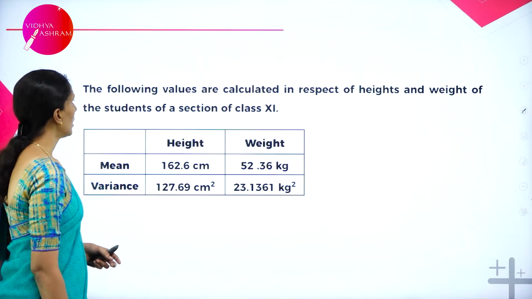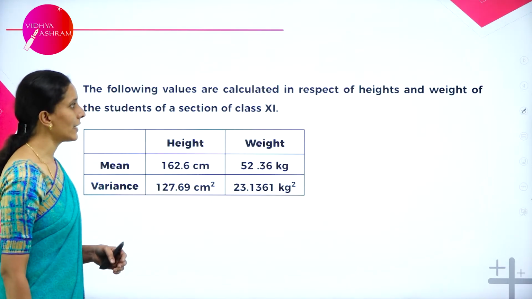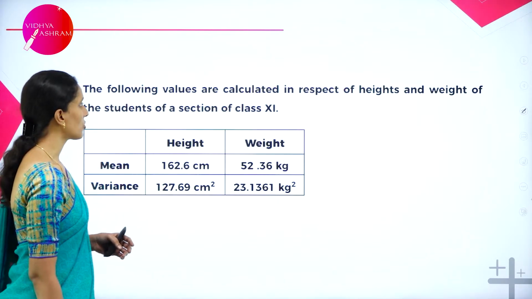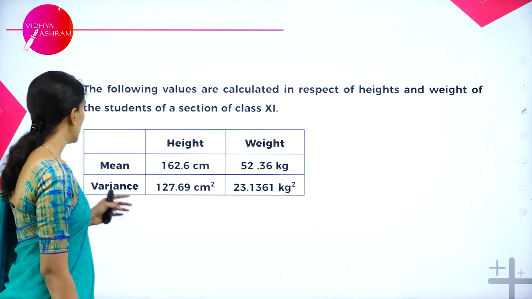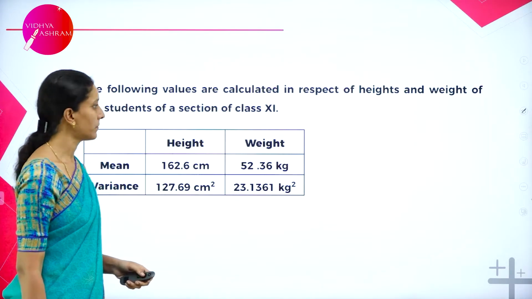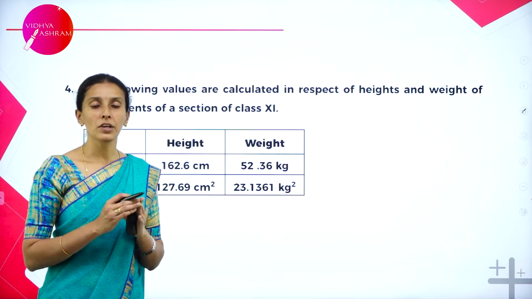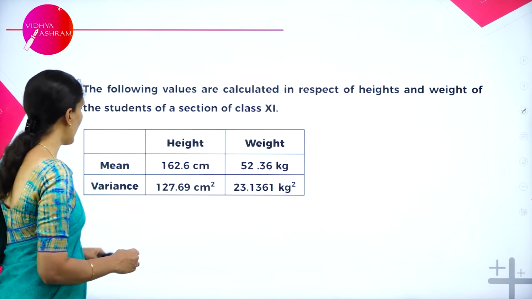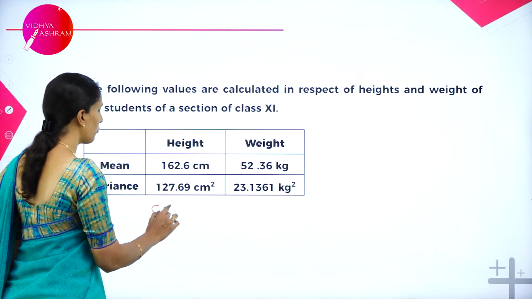Next question. The following values are calculated in respect of heights and weights of the students of a section of class 11. Mean and variance are given for height and weight. Now we are supposed to compare these two quantities. To compare the quantities, I need the coefficient of variation.